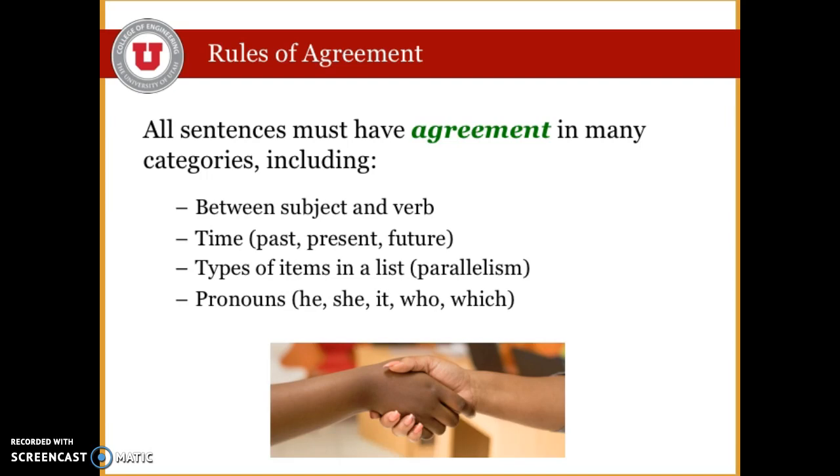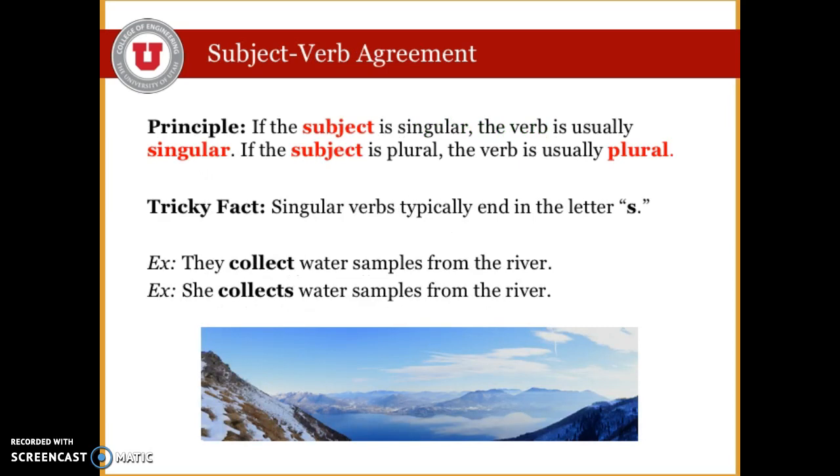And in lists, we often have to set up our items correctly, both in terms of tenses and parallelism, which means the types of words that we're using. And then finally, pronouns. So we need to apply the right gender pronouns where appropriate, and then subject pronouns versus object pronouns. So let's move into subject-verb agreement.